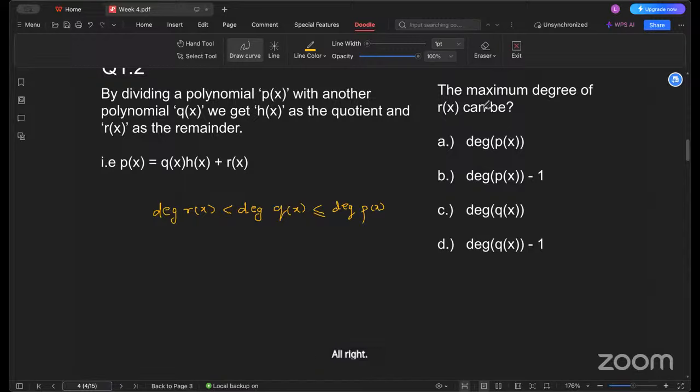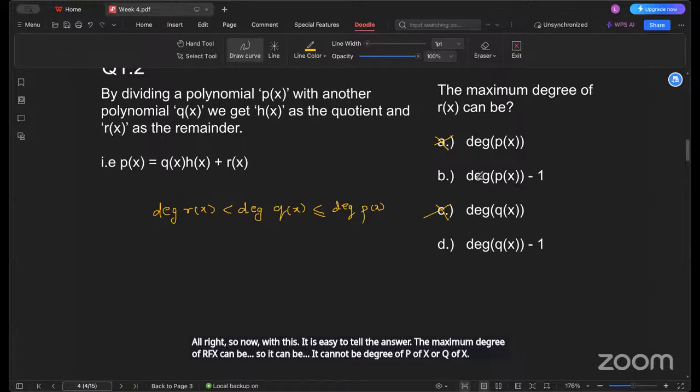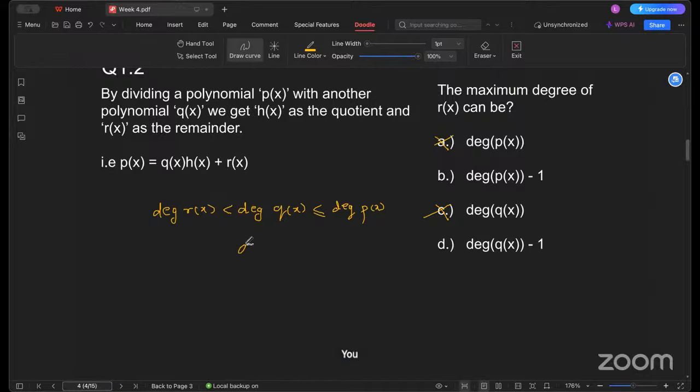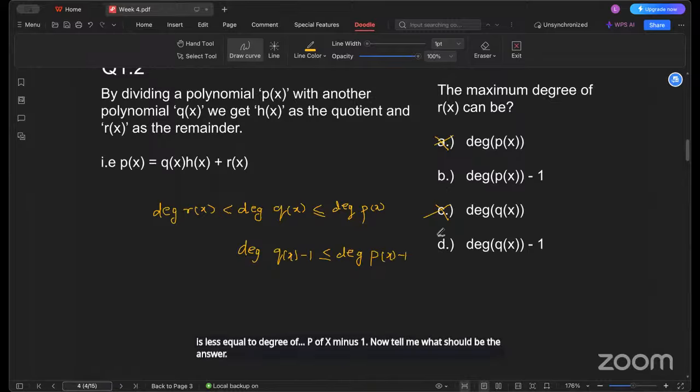All right. So now with this, it is easy to tell the answer. The maximum degree of R of x can be... it cannot be degree of P of x or Q of x. So what about the other one? What is the maximum degree? Degree of P of x. Now from here, you know that degree of Q of x minus 1 is less than or equal to degree of P of x minus 1. Now tell me what should be the answer.